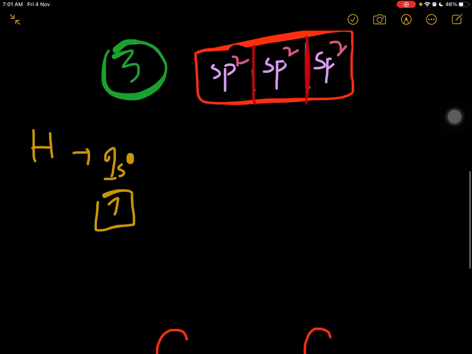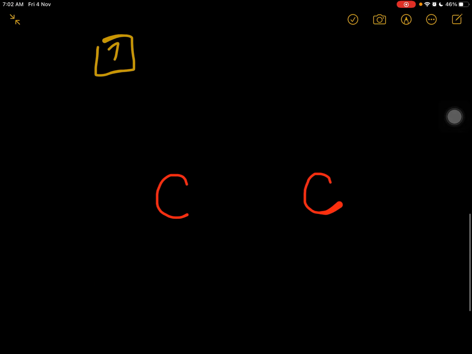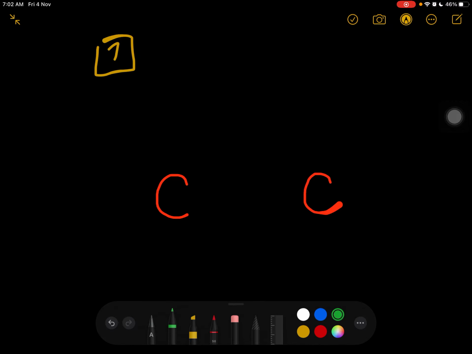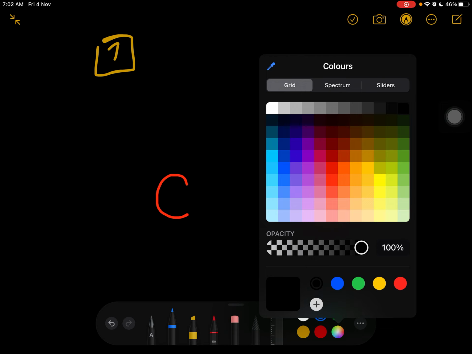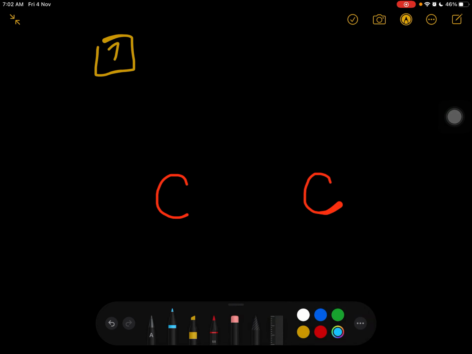Now what will happen? We have two carbons, and first of all they will attach to each other by a sigma bond. We know the shape of the hybrid orbitals, so this will form a bond with this.